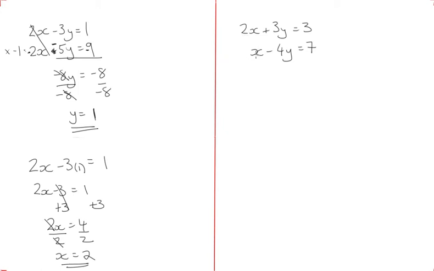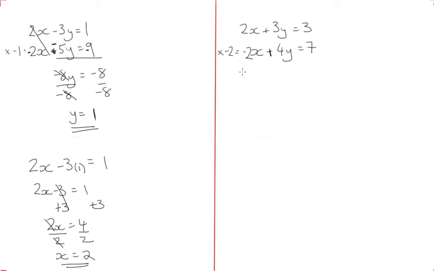Instead, what I'm going to do is I'm going to change this x to be a minus 2x so that it'll cancel with this. And I do that by multiplying this line by minus 2. So what that gives me is, once I've done that, it gives me minus 2x, and then minus 2 multiplied by minus 4.